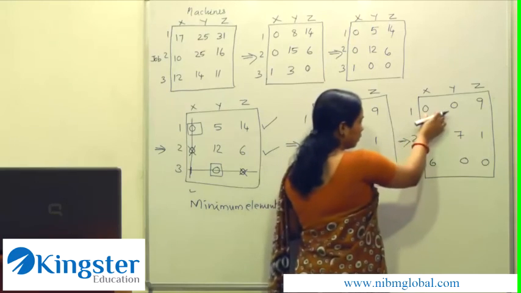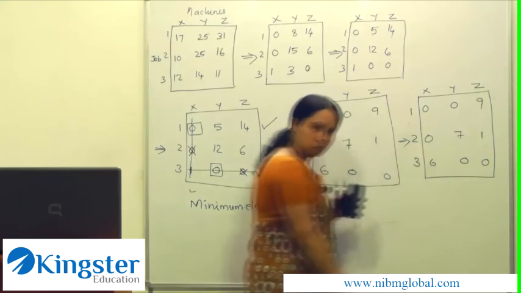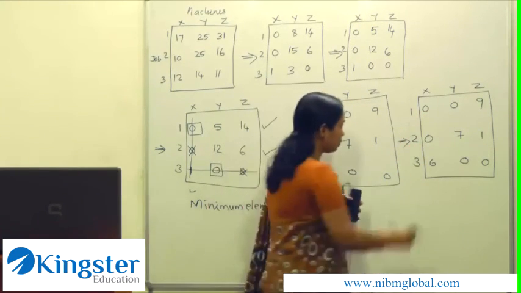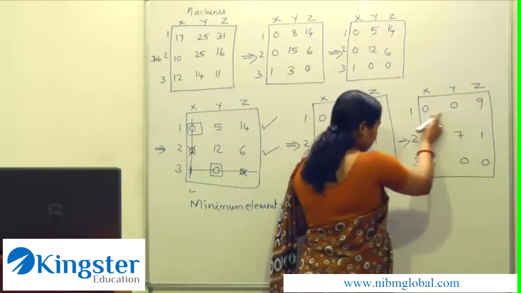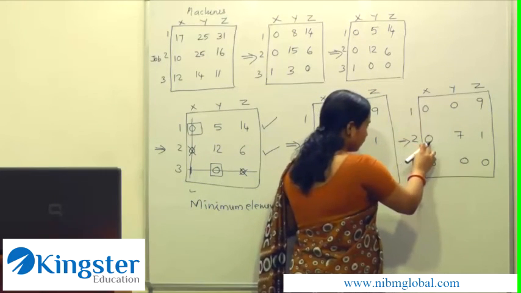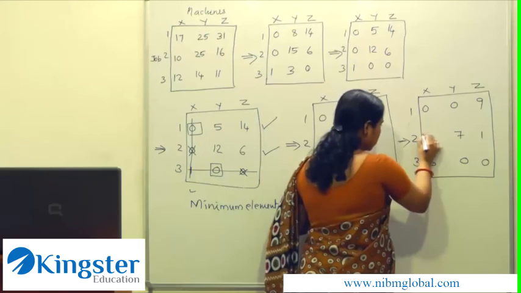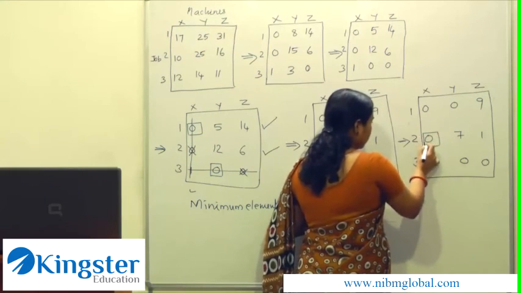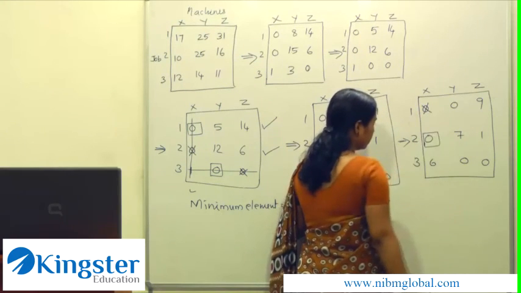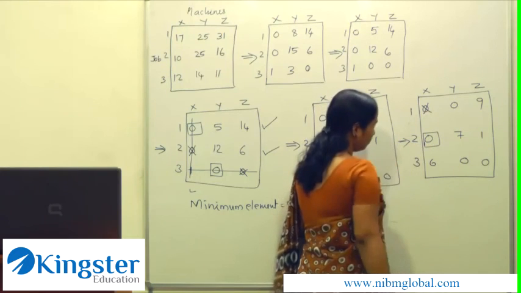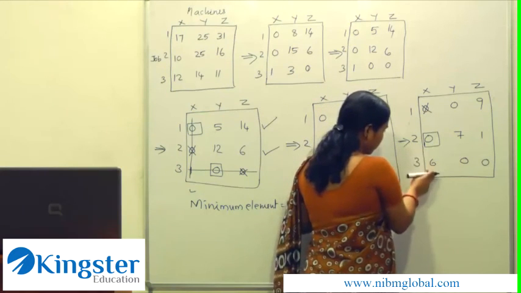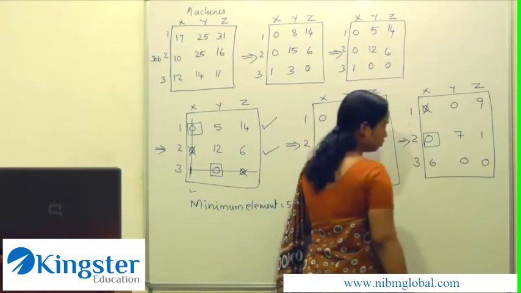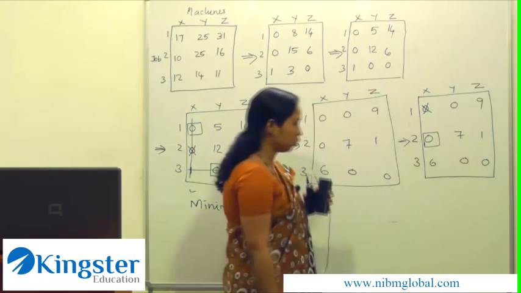Now starting from the first row, select the rows having a single 0. Here we have 2 zeros. So move to the next row. We have a single 0 here. So it is assigned. Now it is crossed out. The other zeros in that column are crossed out. Move to the next row. We have 2 zeros. So we cannot do anything on that row.